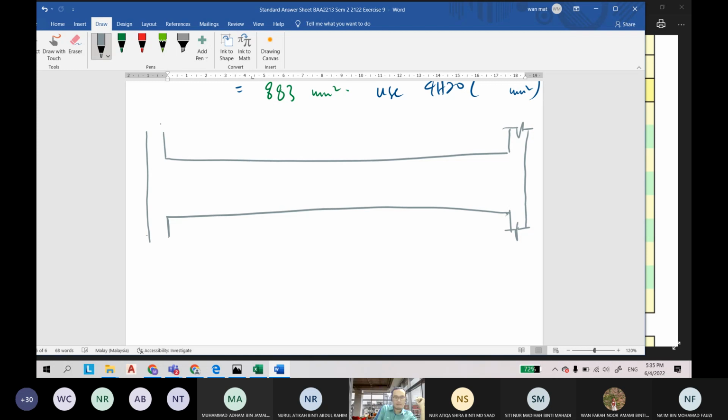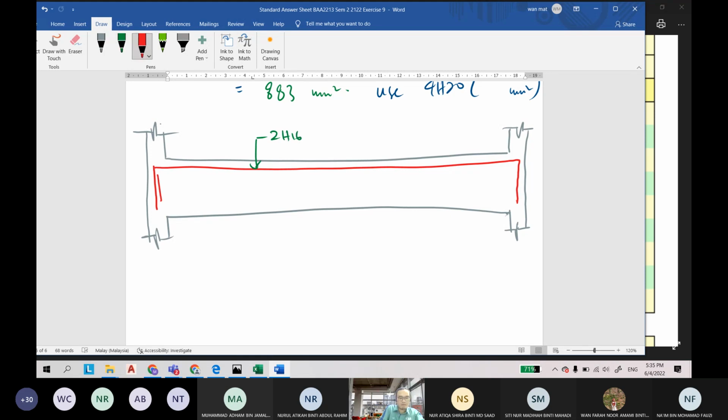This is just a free sketch. At the top bar we have 2H16, and at the bottom bar we have here additional tensile reinforcement near the support.